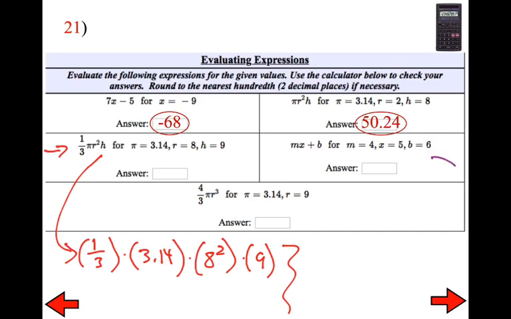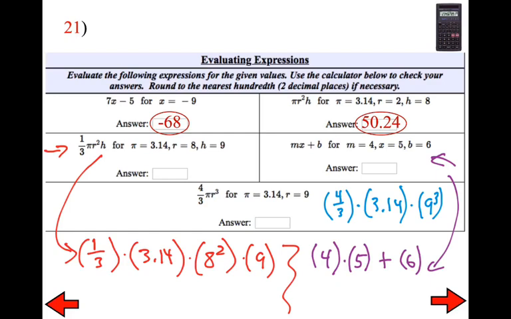When we do this problem right here, we're going to have m, which is 4, times x, which is 5, plus b, which happens to be 6. So once again, that's this problem right here. And then as far as the last one, I actually have room right here.